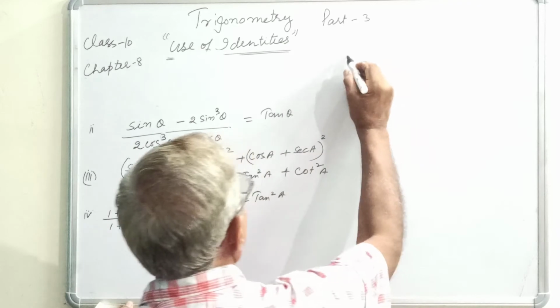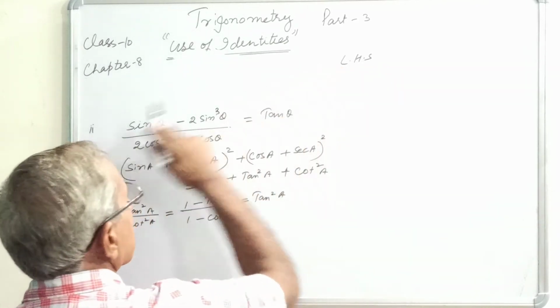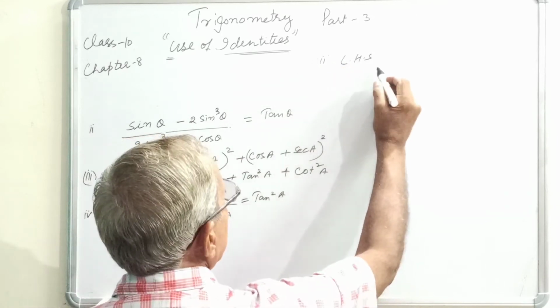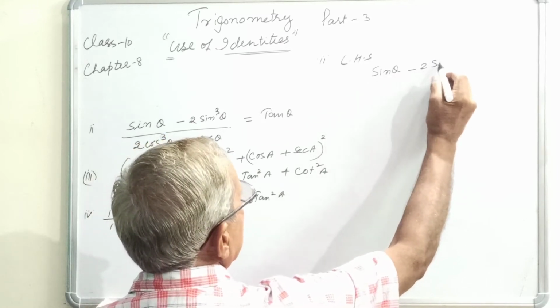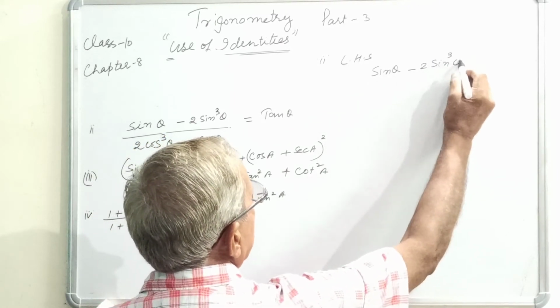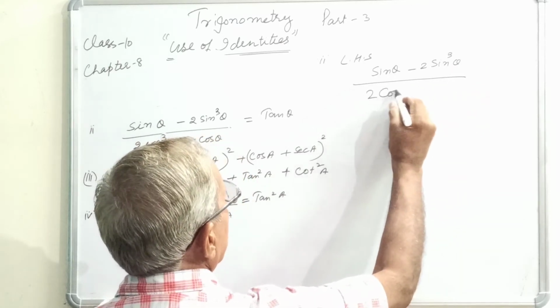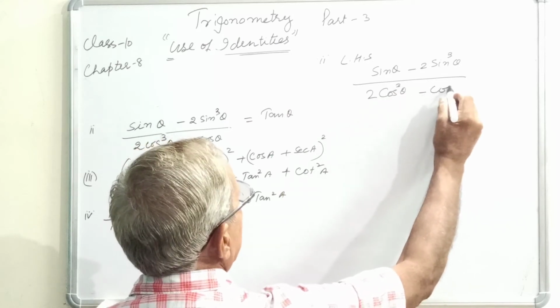So left hand side for the second part, sin theta minus 2 sin cube theta, and the denominator is 2 cos cube theta minus cos theta.